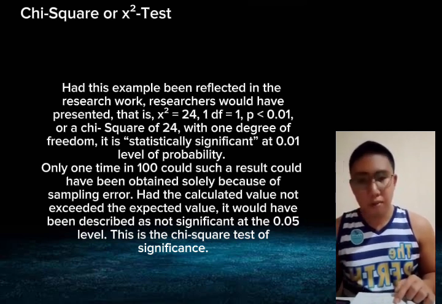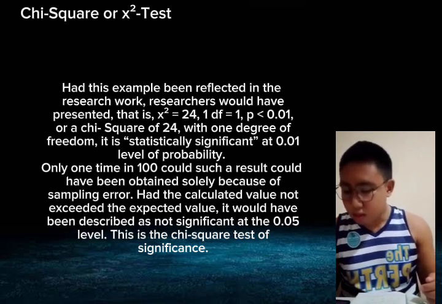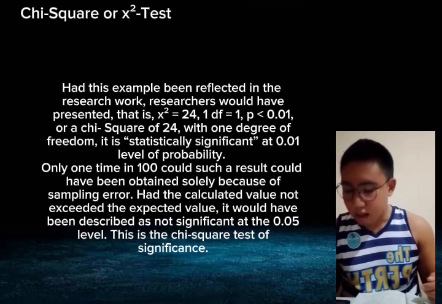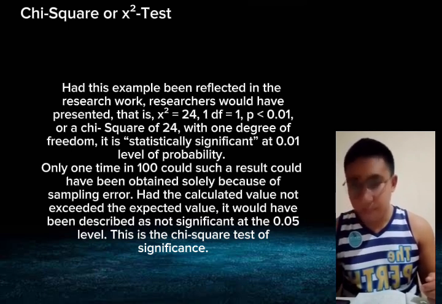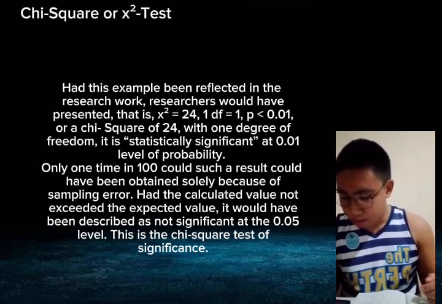So p, the probability value, is less than 0.01, for a chi-squared of 24 with 1 degree of freedom. It is statistically significant, and at the 0.01 level of probability, only 1 in 100 times could such a result have been obtained solely because of sampling error.